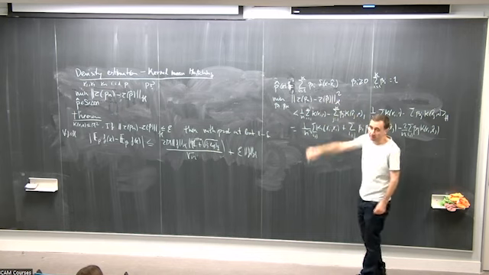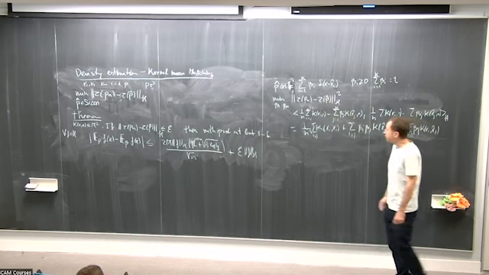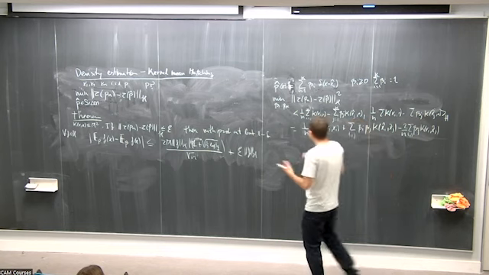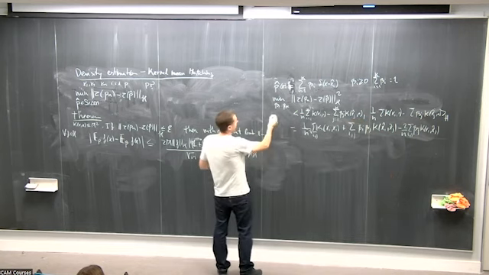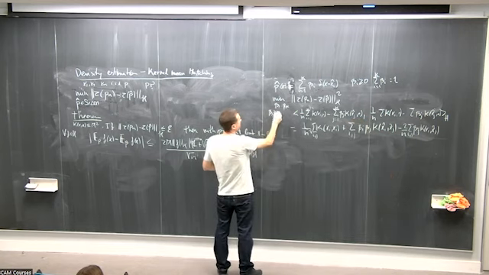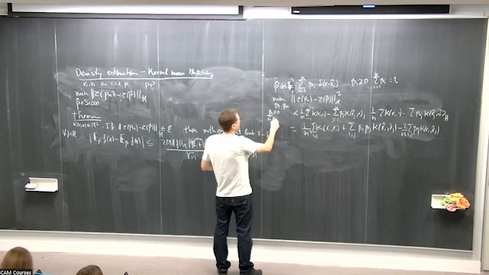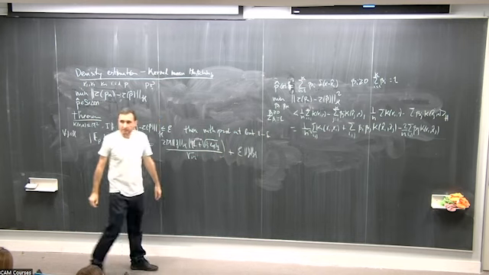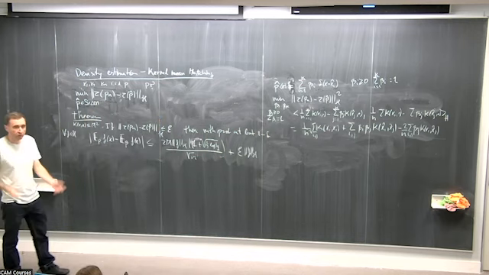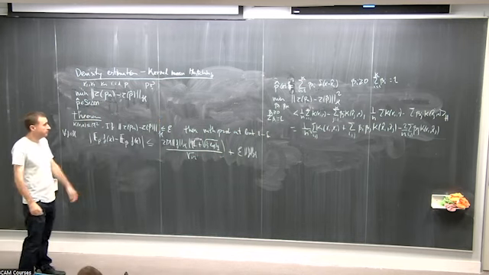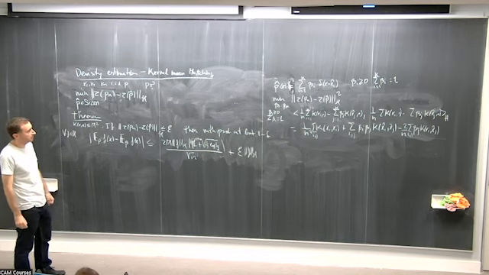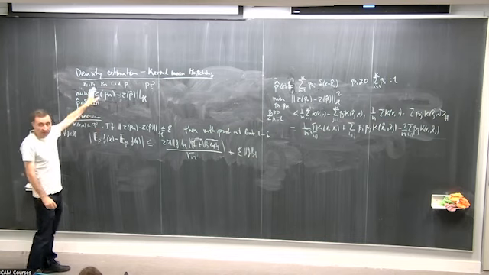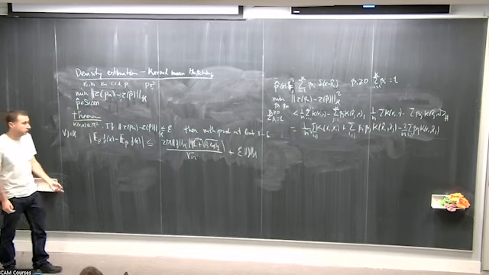Otherwise, this p hat is not a distribution, right? So we will have a quadratic optimization problem with the constraints that the variables have to be positive and they will need to add to 1. But that's easy to solve with the usual methods for convex optimization, right? Okay, so at least in this case, we can actually do everything.